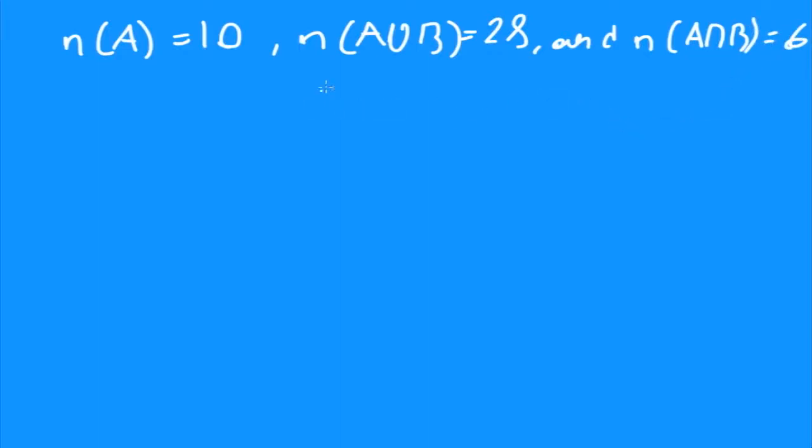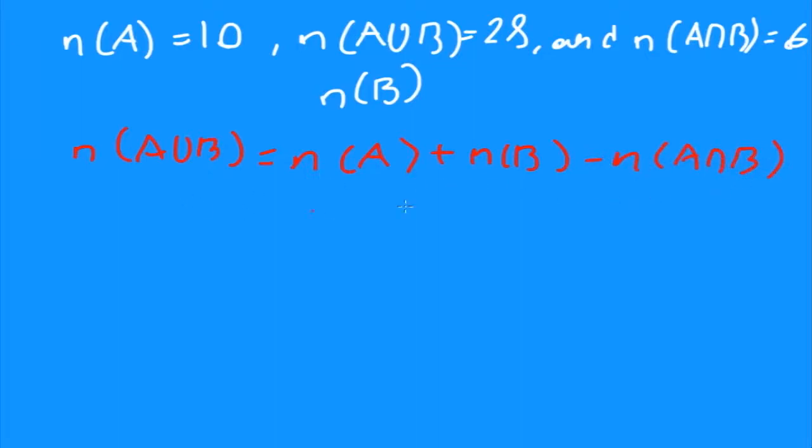There you go. And we are asked to find n(B). Well, we know that we have to use our formula here, right? n(A ∪ B) equals n(A) plus n(B) minus n(A ∩ B).